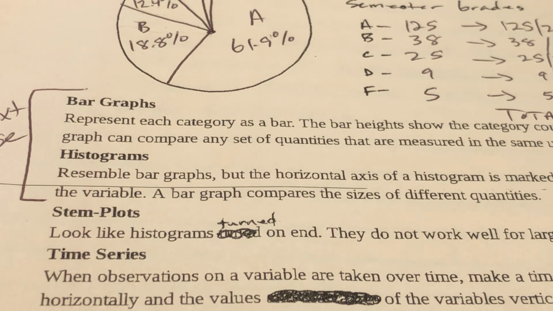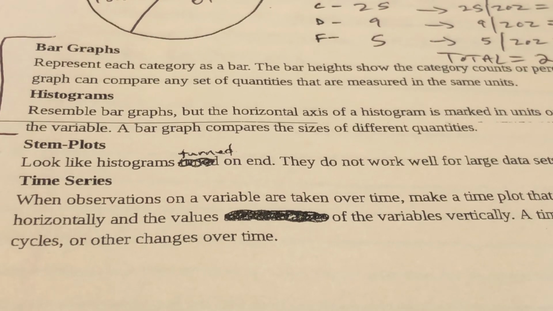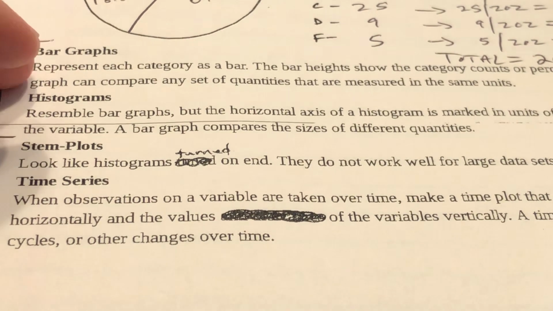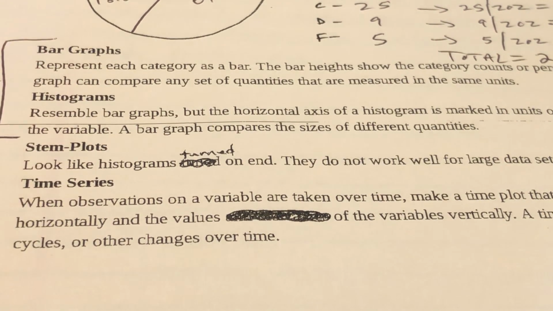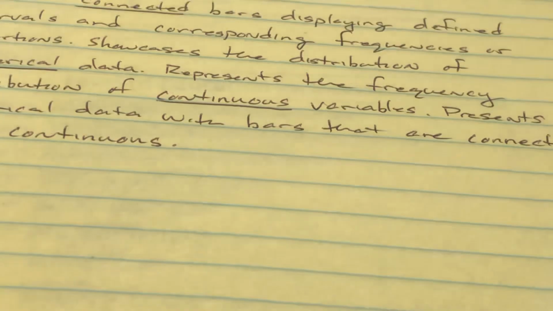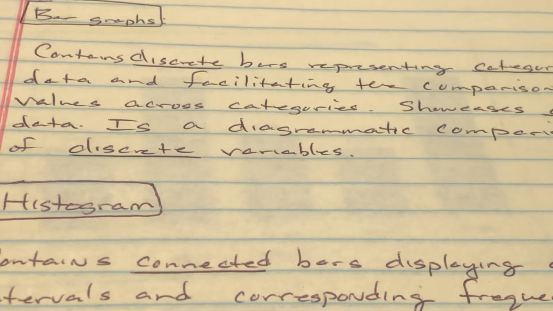Stem plots look like histograms turned on their side. They don't work well for large data sets. We'll see that in a second. And a time series plot, you've seen that if you've seen the Dow Jones marked over time. A time plot can reveal trends, cycles, or changes over time. We'll see some of those here as well. So here's what I want you to write down. Pause it if you need to.